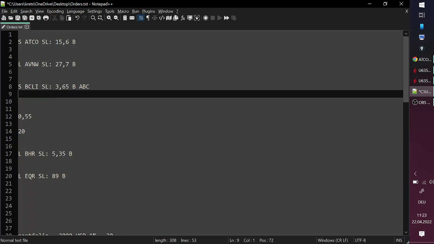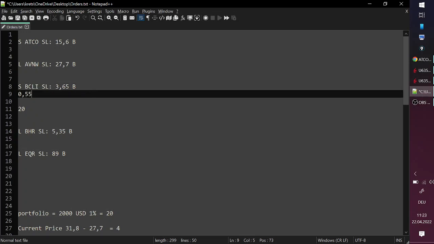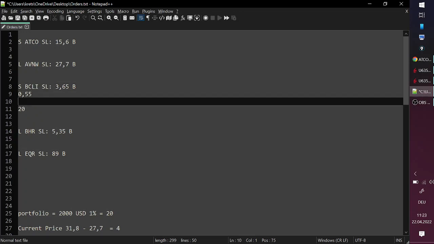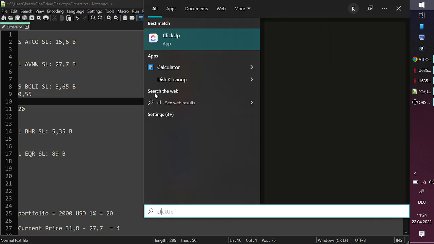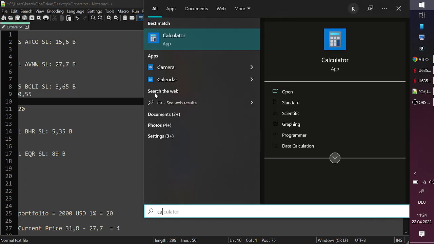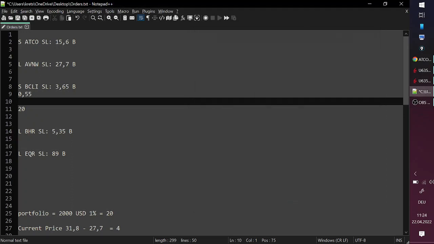Okay, so all of them have a B rating, so 1%. I go in with $20, 55 cents. How many times can we put it in there? Let's say 40 times. I'm assuming 20 divided by 0.55, it's 36 times. Alright, let's make it 36 times.